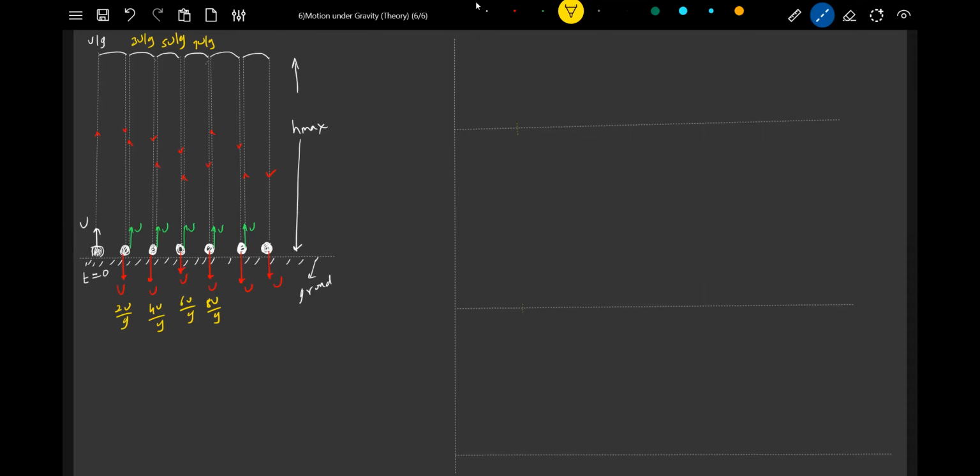If I do the marking properly, I'll get the exact shape. The spacing between the lines should be equal so that we get the exact shape of the curve. I'll try my level best to get a good graph.